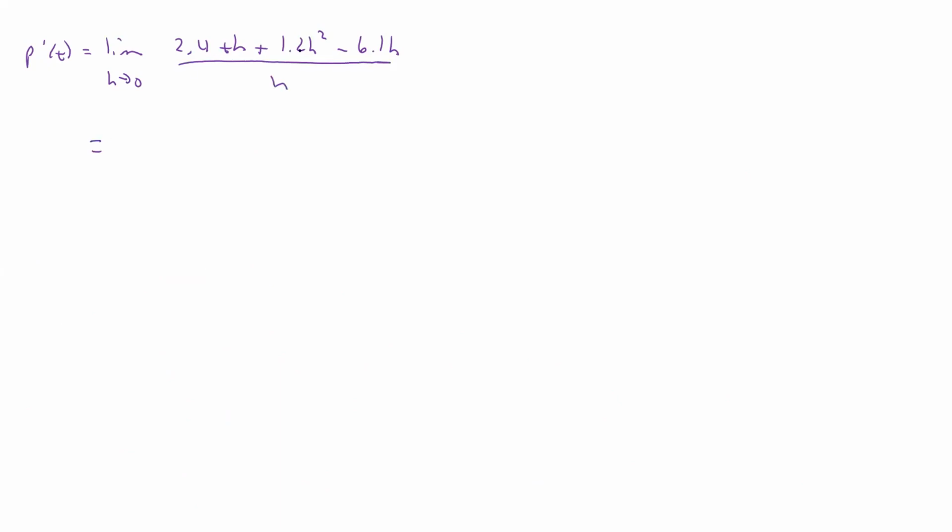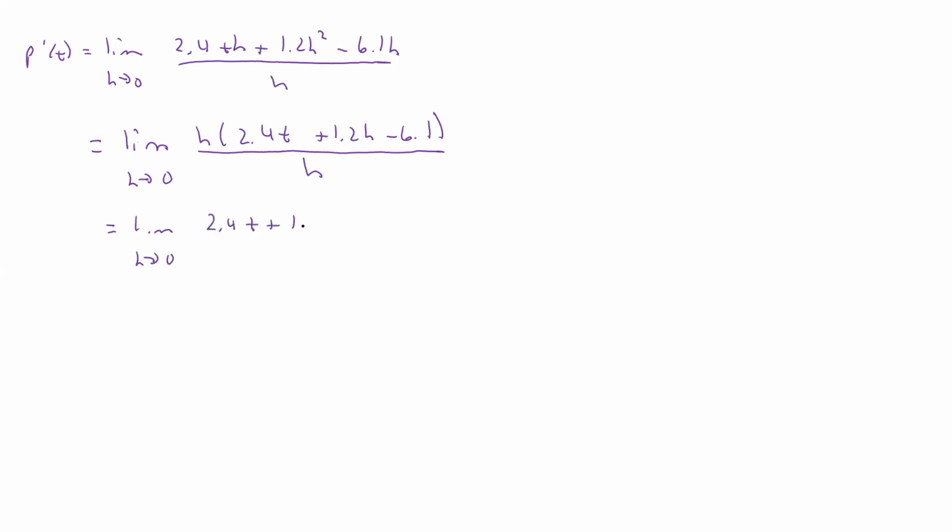And so if we factor out an h out of each of those, we get 2.4 t plus 1.2 h minus 6.1, and then that's over our h. Now, if we replace the h over h with 1, that gives us the limit as h goes to 0 of 2.4t plus 1.2h minus 6.1.